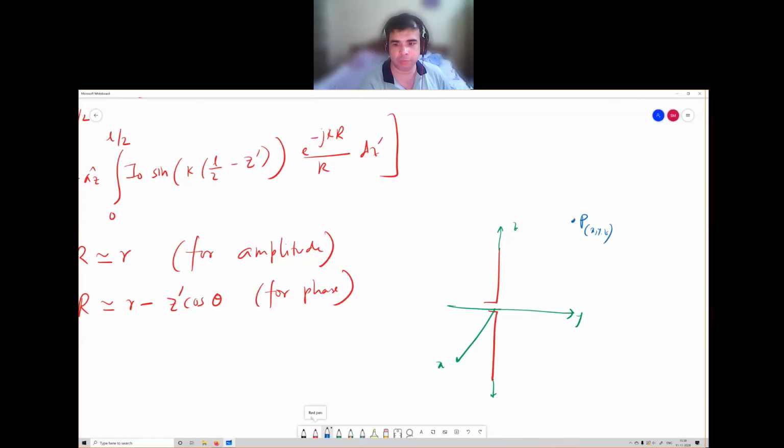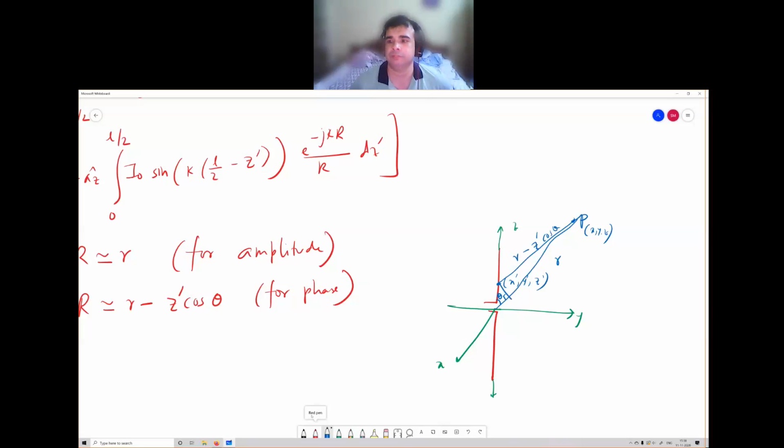We consider this point here, x prime, y prime, z prime, where x prime and y prime are 0. This is my r, and clearly this is r minus z prime cos theta. Theta is this angle. Does it match?